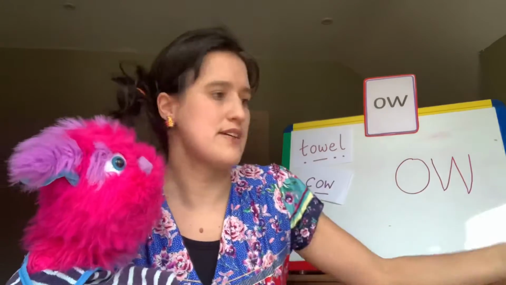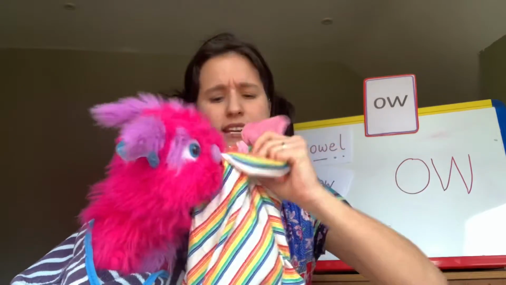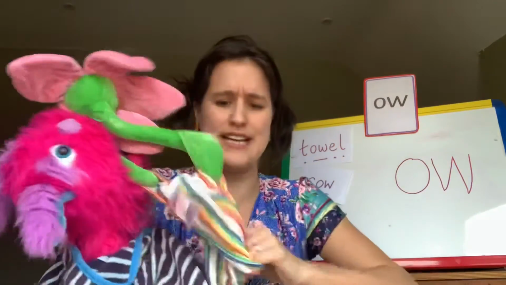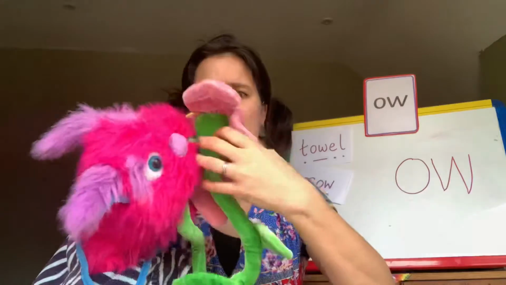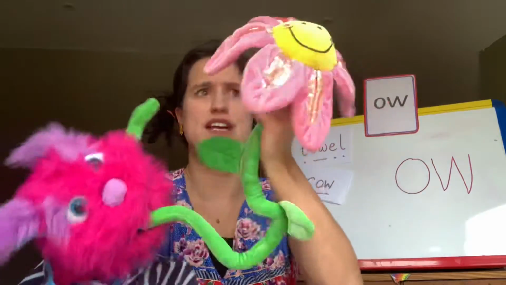Oh, you've got something else in this bag. Let's have a look. How very strange, Alfie. This is very odd. Where did you find this? Alfie has got a very strange giant flower. Flower. How odd. What does flower begin with?